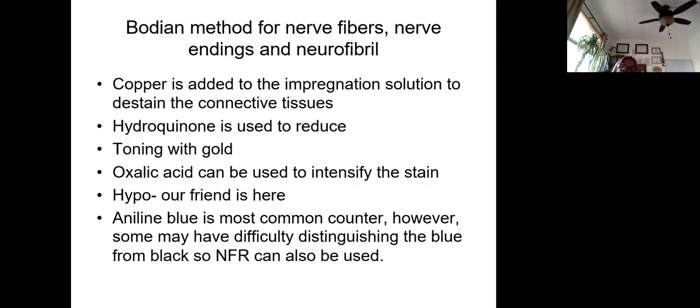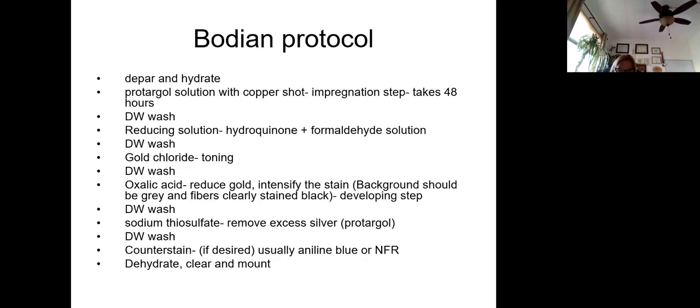However, this is a silver stain, so if you think about your nerves, your neurons, and your dendrites being black and then having a blue background, and aniline blue at that, which can lay over, sometimes it's difficult to distinguish that blue from that black, especially if you've laid over. So NFR can also be used.